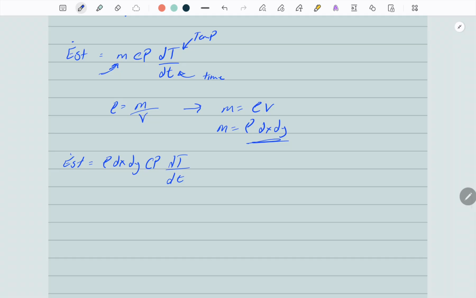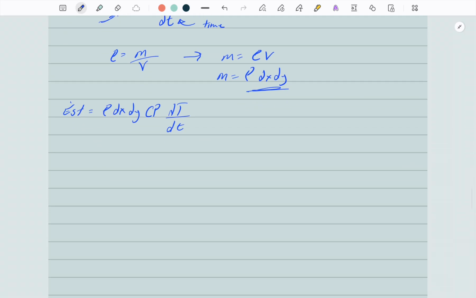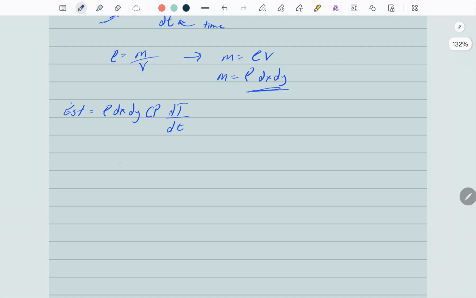Okay, now we have all our variables ready and we can perform an energy balance. The energy balance looks like this, if you remember from the previous class, which is energy entering the system minus energy leaving plus energy generated will equal the energy stored.